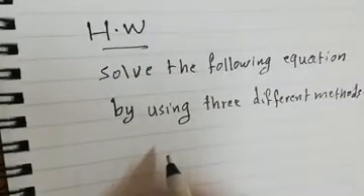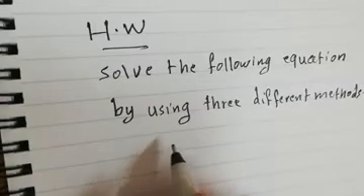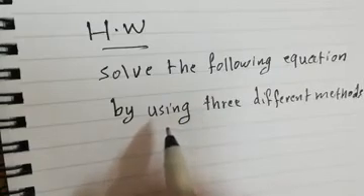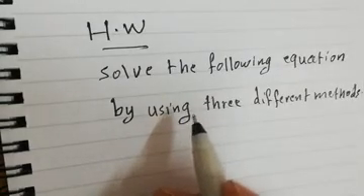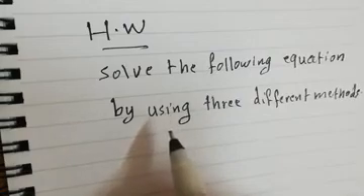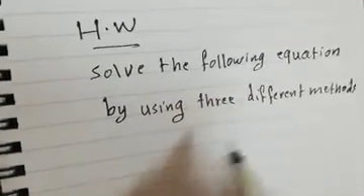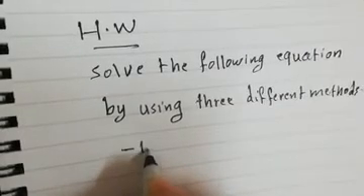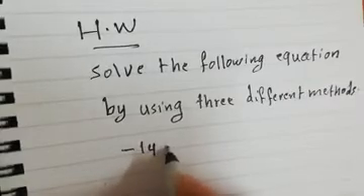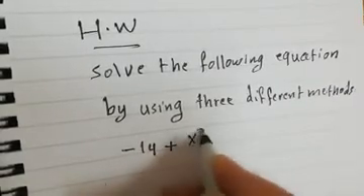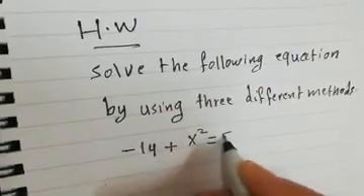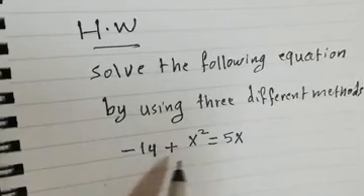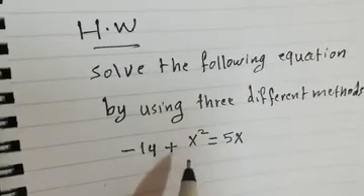Which are they? Don't use the graph method; use the factoring method, the completing the square method, and the quadratic formula method, which is using the discriminant. And the equation is negative 14 plus x squared equals 5x. Try this one. Don't forget to write it first in the standard form.